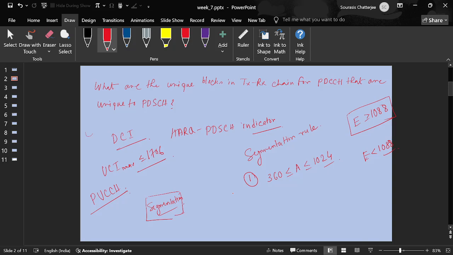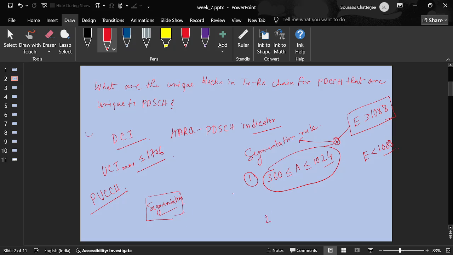So that is why, when these two things are combined, we go for segmentation: the number of resource bits allocated is more than 1088 and the UCI length is between 360 and 1024.